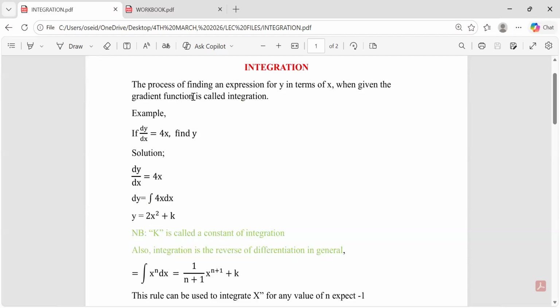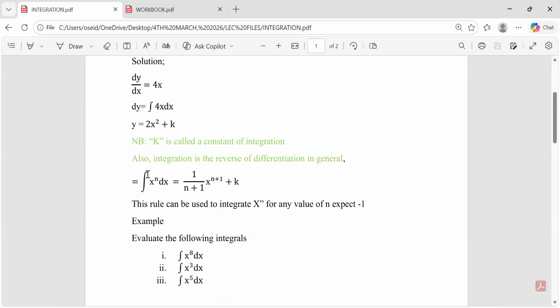So when we talk of integration, it's finding the expression for y in terms of x when given the gradient. So the gradient will be the values that will be given. For example, if dy/dx equals 4x, find y. To find y, we need to bring the integral sign.